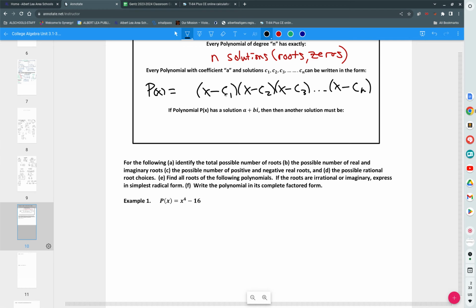Which is short for saying that every single polynomial can be written in factored form. Now it's possible that when you multiply this all out, you come up with x to the nth power, or maybe 4x to the nth power, 8x to the nth power, so you might have to have a coefficient out front in order to create that number. We'll see what that looks like later on.